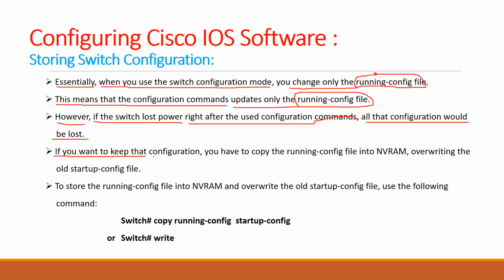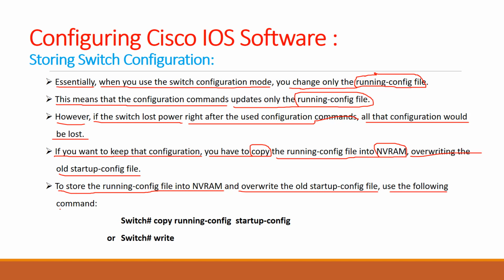If you want to keep that configuration, you have to copy the running config file into NVRAM, overwriting the old startup config file. To store the running config file into NVRAM and overwrite the old startup config file, use the following command.